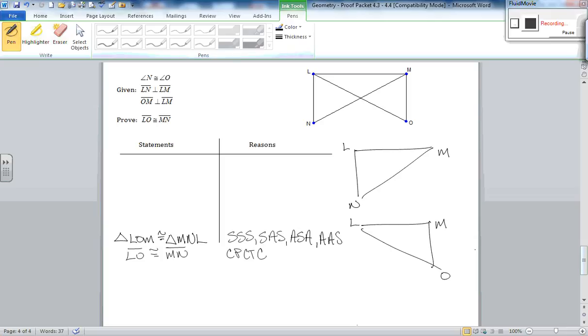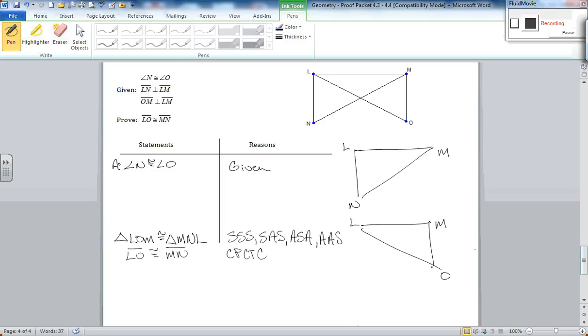And what we're given is that angle N is congruent to angle O. That is an angle congruence statement, which is good, because knowing that we have to prove these triangles congruent, and knowing that we have to use these reasons, we have to have three congruent statements, sides or combinations of sides and angles.